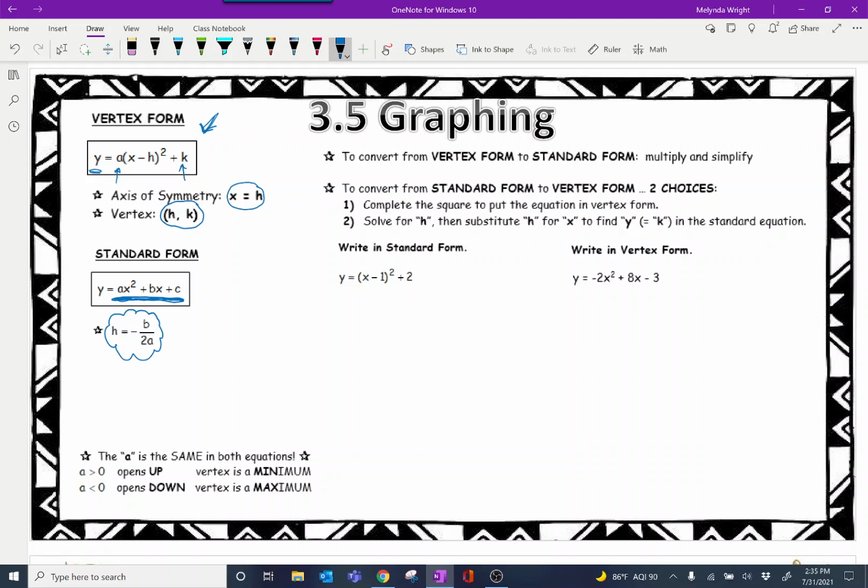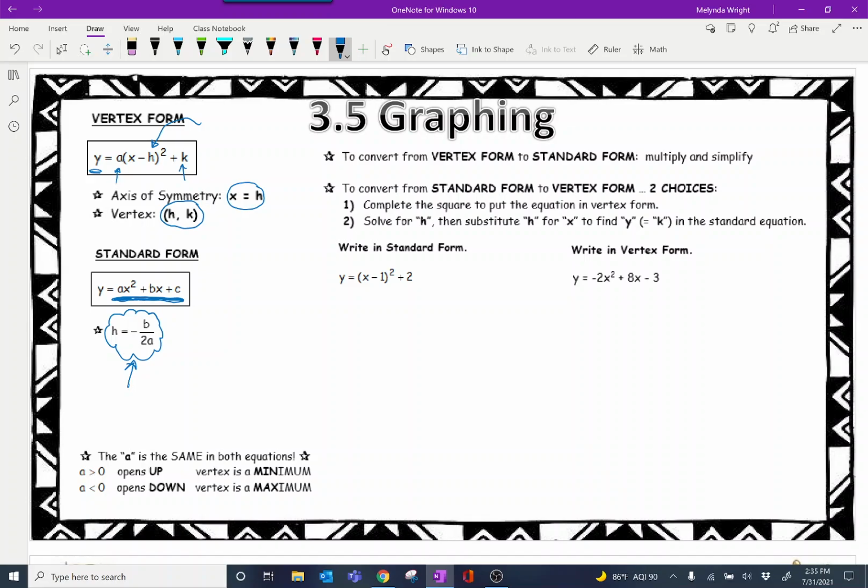One way you can find h is you can have your equation in standard form and read h out of the equation. Another way you can find h is by using this little formula. And remember, h is the x coordinate of the vertex.